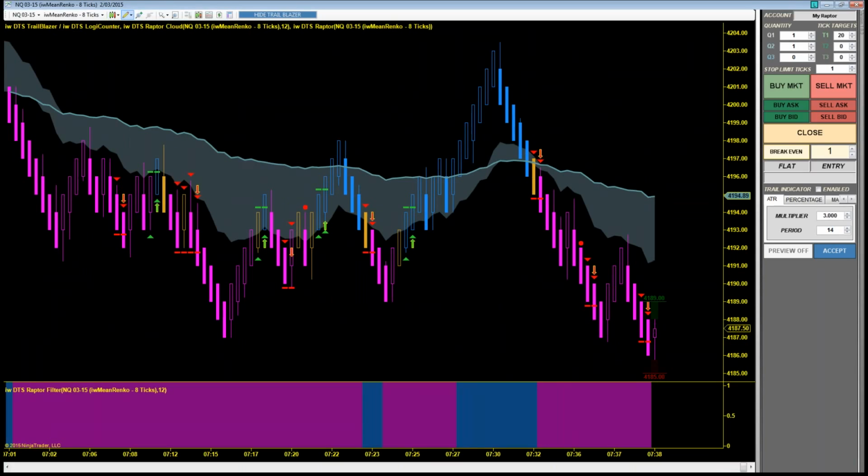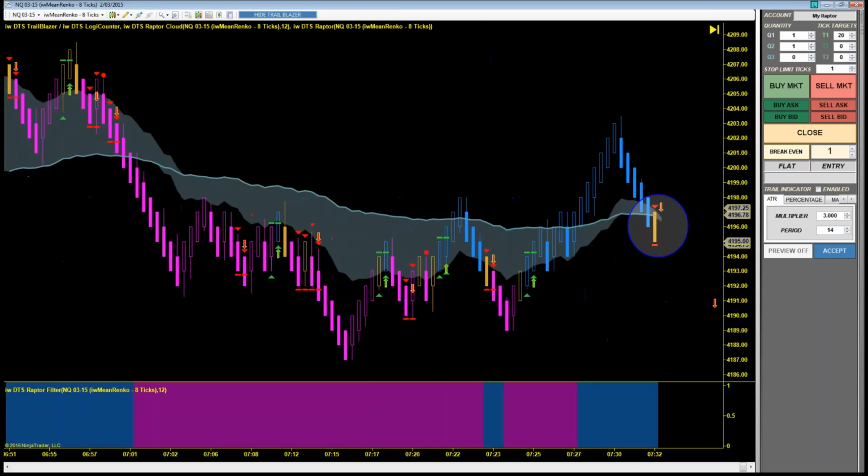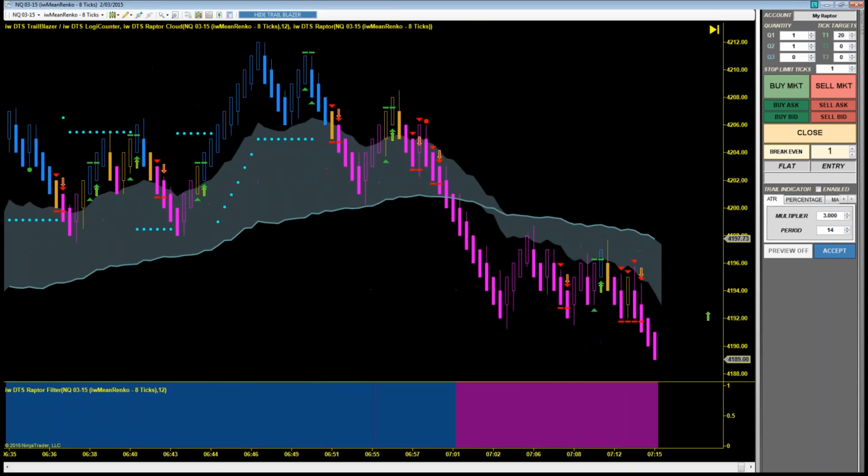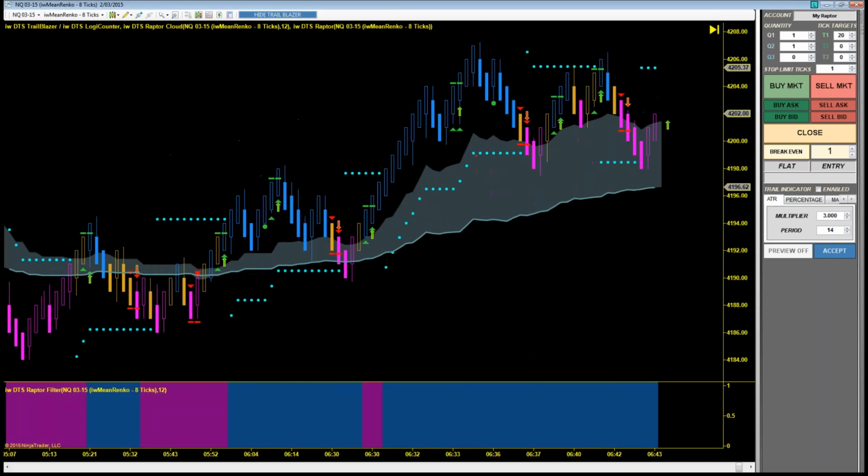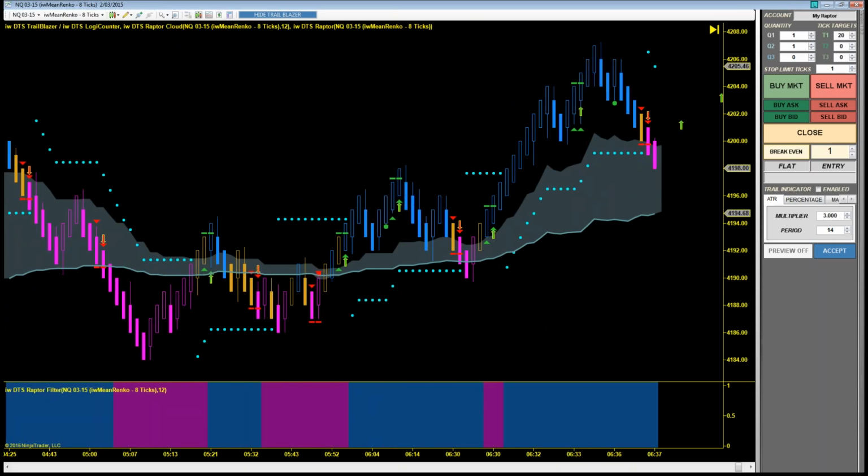Right here. Where's my circle? Right here. As the trend was changing over, we got this yellow bar, red bar sell combo.